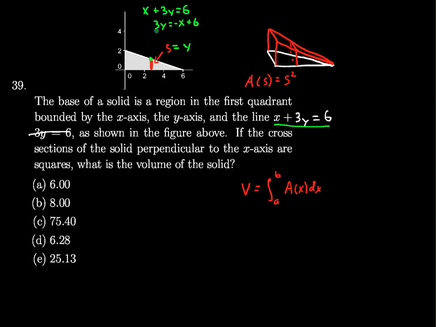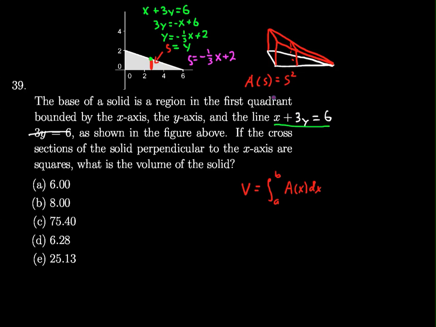Then I divide everything by 3, so I get y equals negative 1/3 x plus 2. So the big idea here is that the side length of any one of these cross-section squares is going to be negative 1/3 x plus 2.